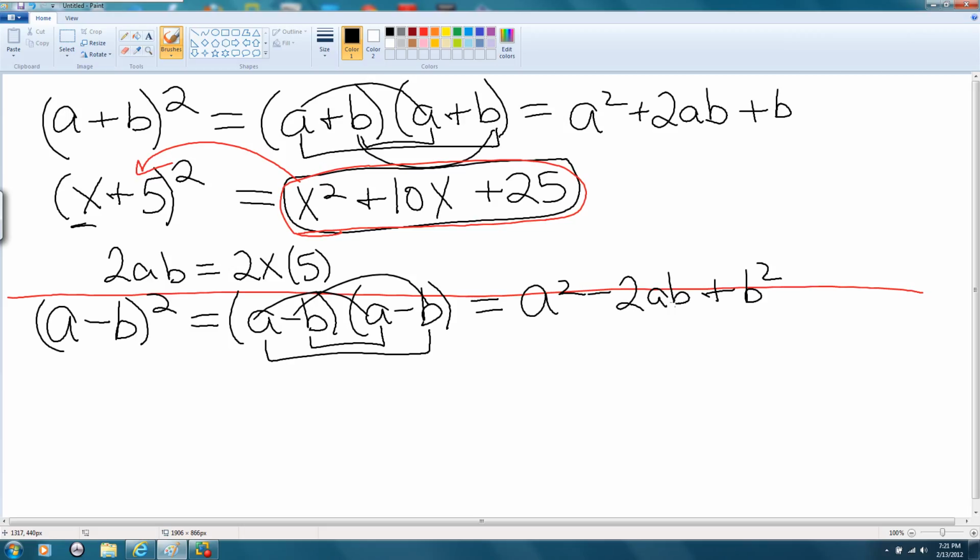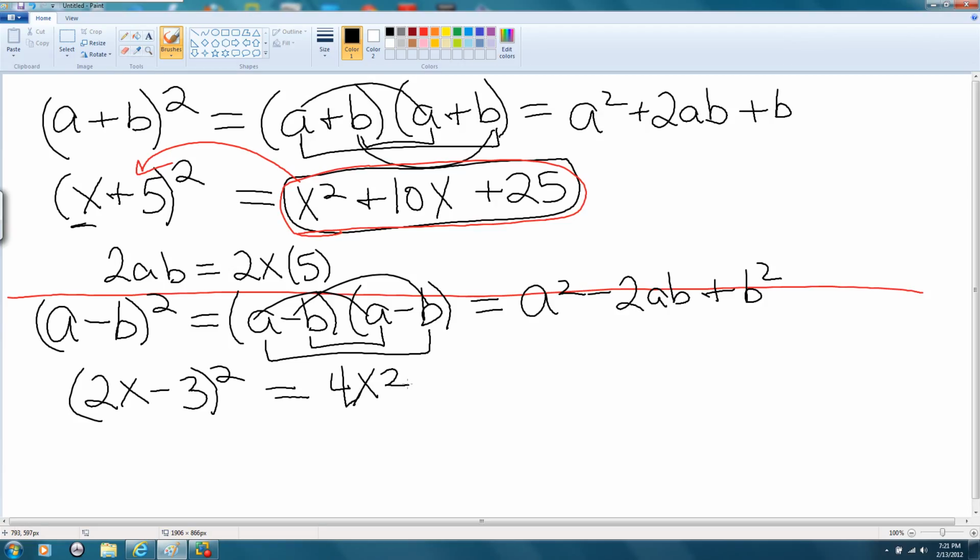So you see it's a similar type of pattern. Now, the book uses an example of 2x minus 3 squared. Here the a is like 2x. So 2x squared is going to be equal to 4x squared, because it's the quantity 2x squared.